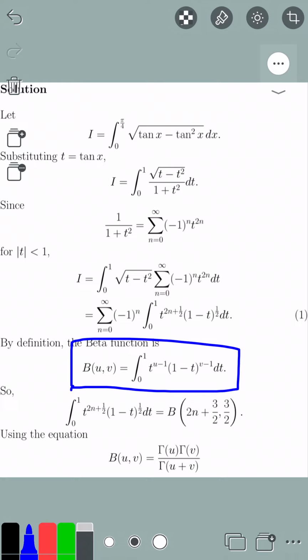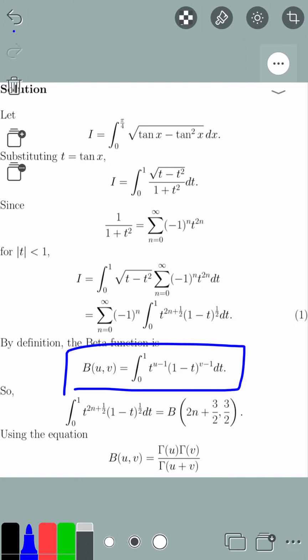We will use a definition of the Euler beta function, to avoid confusion with the Dirichlet beta function. Beta of u and v is equal to the integral from 0 to 1 of t to the power of u minus 1 times 1 minus t to the power of v minus 1 dt.